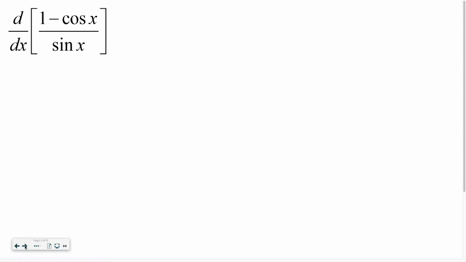There are a couple different ways we could go about this problem. So before you start calculating away, I would like you to have a discussion with your pod about how you would feel the most comfortable taking the derivative of this problem.